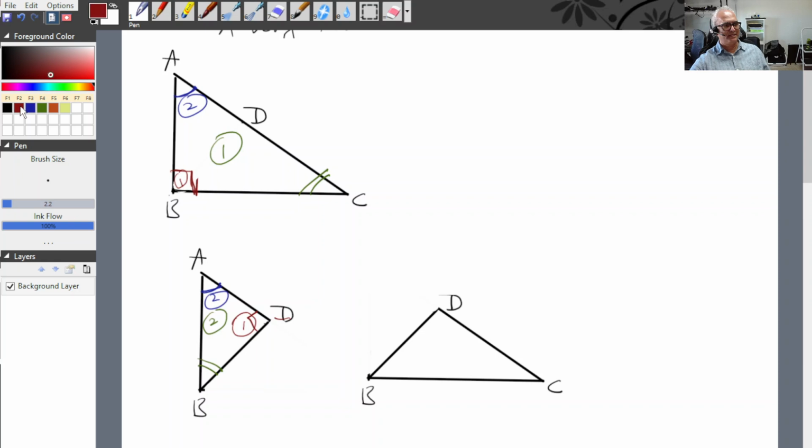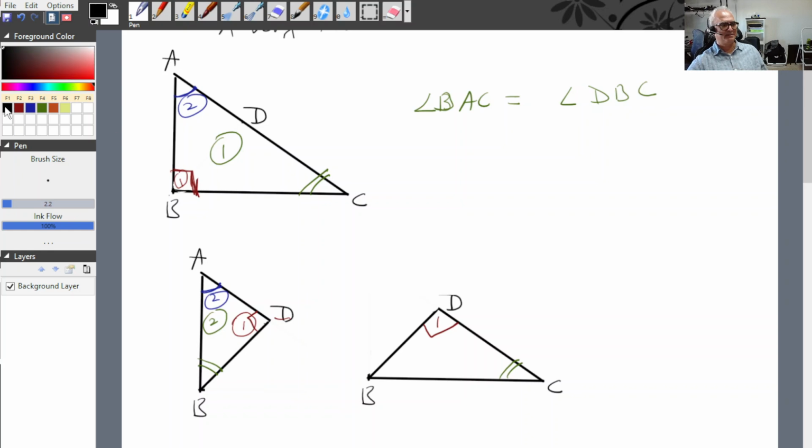So this is right angle, this is right angle. Let me write it 1. Now C is common to both. So this is green. And by the same law, Euclid's proposition that the three angles are 180 degrees, we can show that angle BAC is equal to angle DBC.